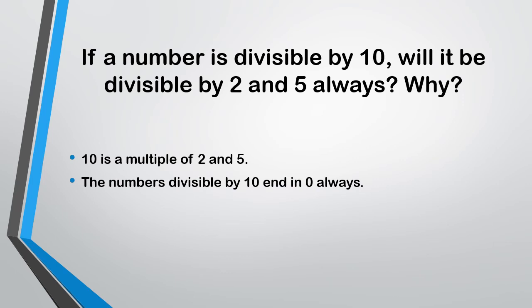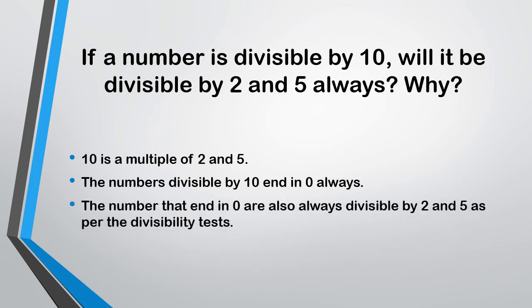The numbers divisible by 10 always end in 0. So if a number ends with 0, that means it is divisible by 10. The numbers that end in 0 are also always divisible by 2 and 5 as per the divisibility test. Okay. If the last number is even, that means it is divisible by 2.